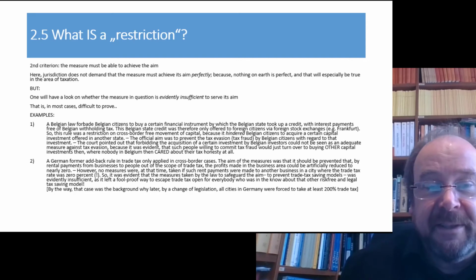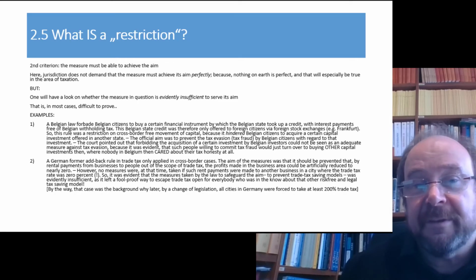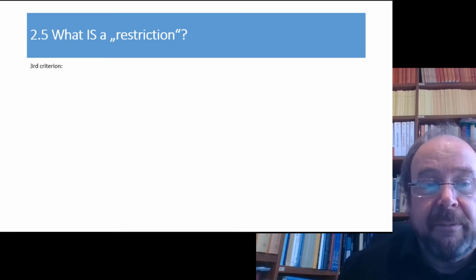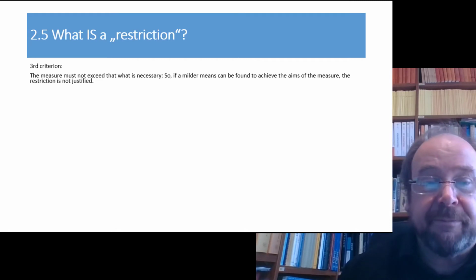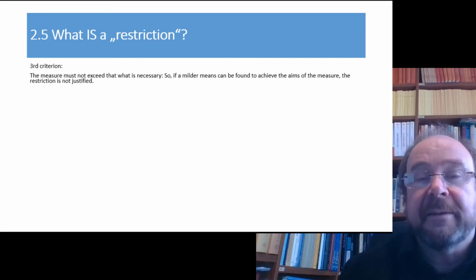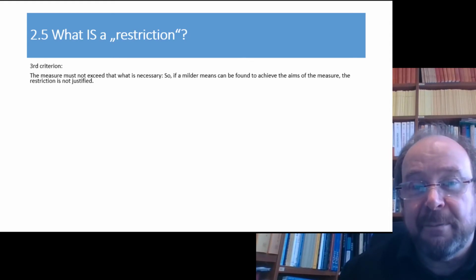Well, but you see here, there have been cases in the tax area where it has been pointed out, okay, that aim, what the measure officially aims at, cannot be reached because the system established by the local legislator has so enormous loopholes that one cannot speak of a general chance to reach that aim. Good. Now, third criterion, very often relevant, if the measure is adequate, can reach its aim, then the next question is, does it more than necessary inflict the fundamental freedoms? Can a milder means be found?